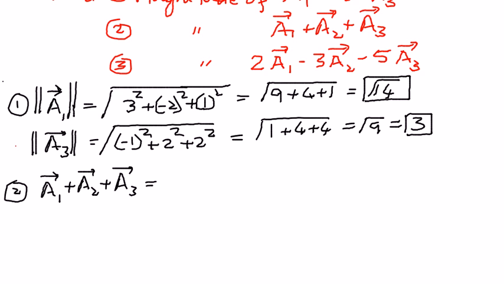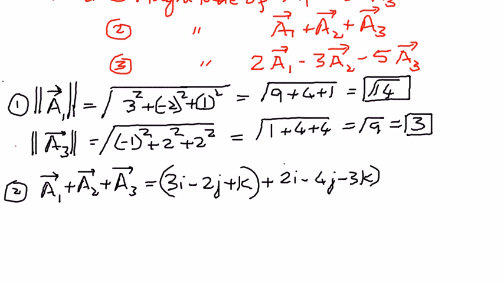A1, the components are 3i minus 2j plus k, plus A2 is 2i minus 4j minus 3k, and then vector A3 is negative i plus 2j plus 2k.